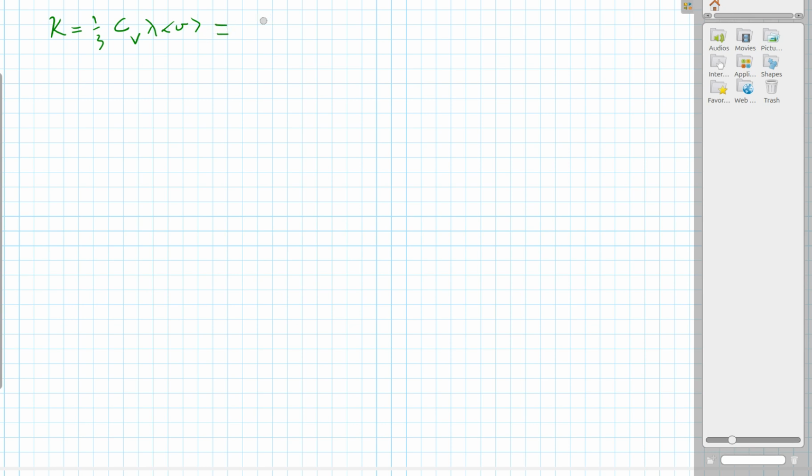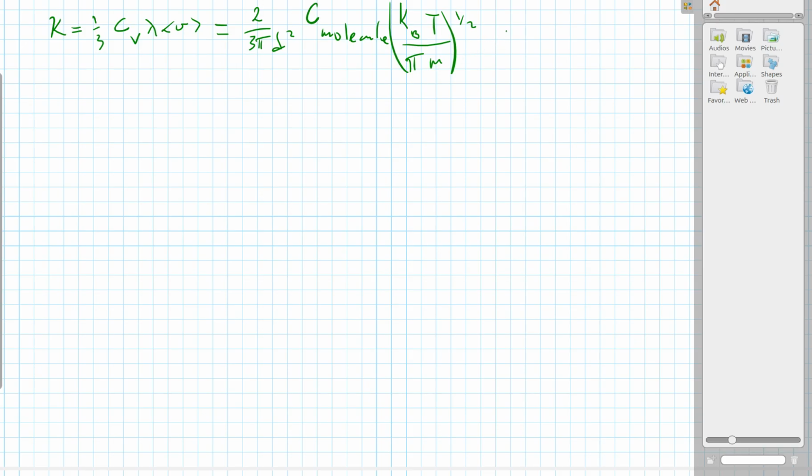This is going to be equal to 2 divided by 3 pi d squared, bringing back C molecule, times square root of kBT divided by pi m, as the average speed of the molecule.